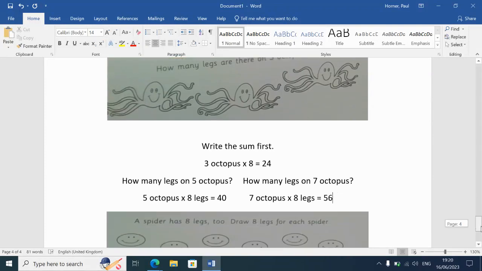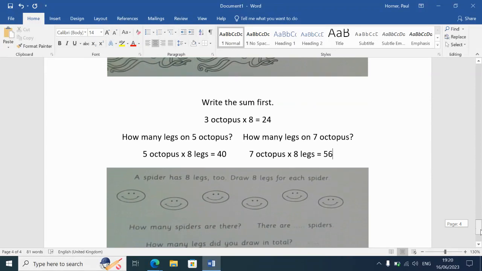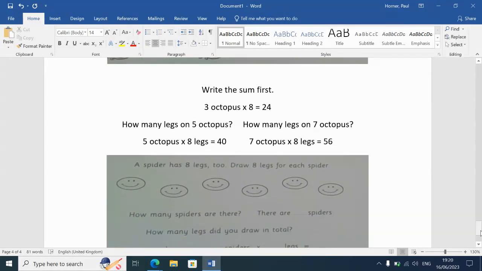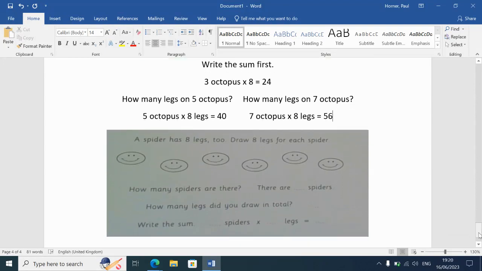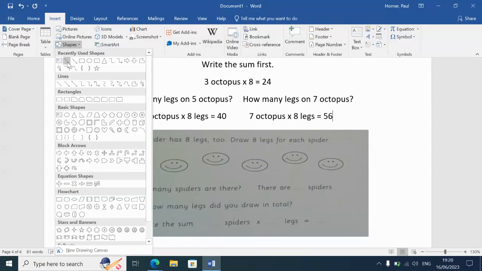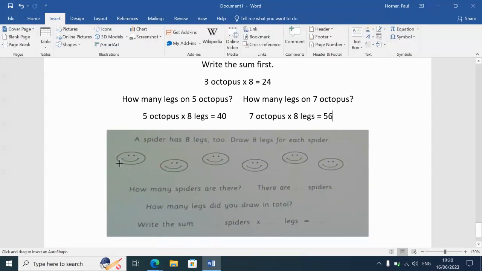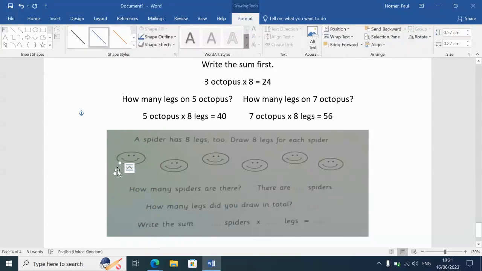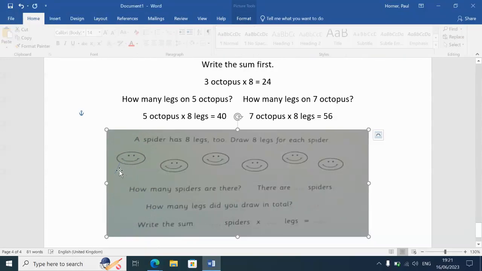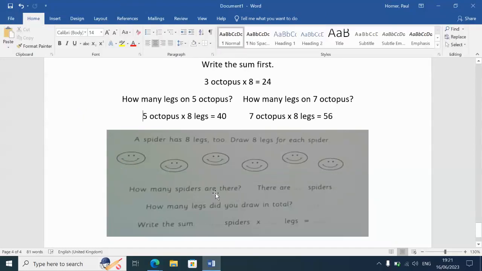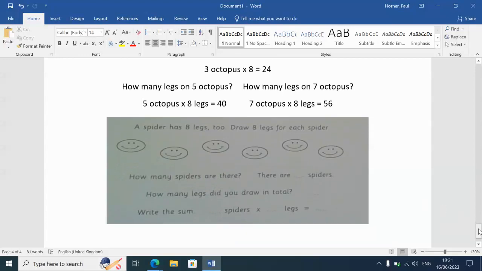Okay, and moving on. A spider also has 8 legs. We don't need to draw the legs here. I want to, but it's going to take up time. So first of all, count how many. Those smiley faces represent spiders. How many spiders are there?